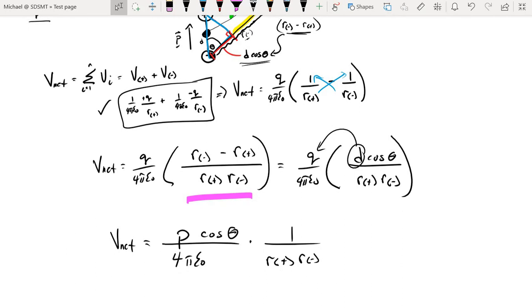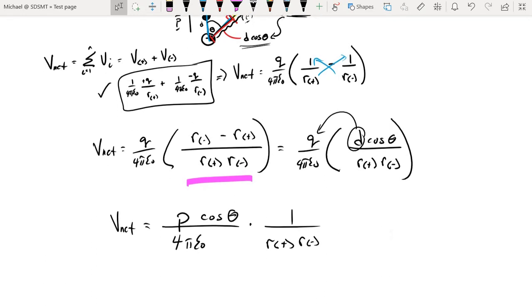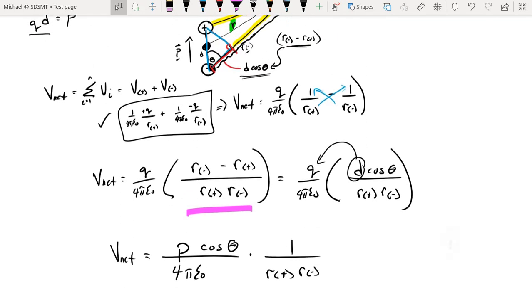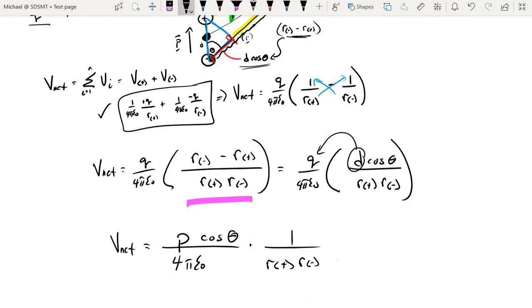So why are we seeing cosine show up? I'll explain that in just a moment. Because before I do that, we want to take care of this R positive, R negative combination. We want to find a substitution for that as well.